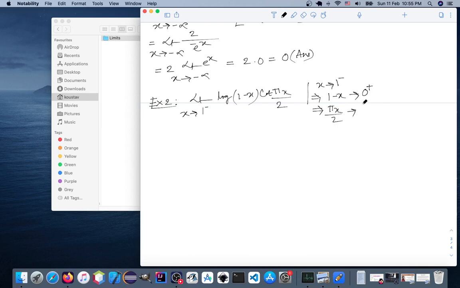This implies cot of pi x by 2 equals cos of pi x by 2 over sine of pi x by 2. The cos of pi x by 2 will tend to cos of pi by 2, and sine of pi x by 2 will tend to sine of pi by 2, which is 1.